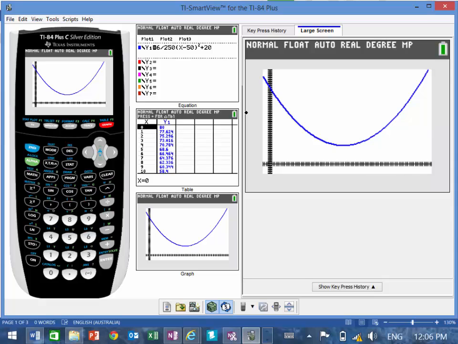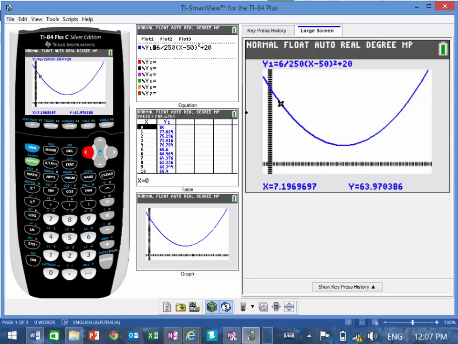So if I press trace and go across, it's telling you your points there: at 52.5 it's 20 something. If I scroll across, it's getting closer to 20. It's pretty well around 20, isn't it? If I scroll across this way, you can see the x value and the y value. So if I know the x value, I would know the y value on that curve, wouldn't I?